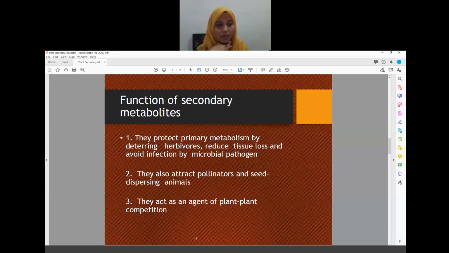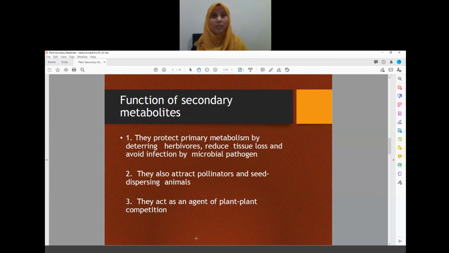And also they act as an agent of plant-plant competition. For this, we look at, for example, what I mentioned just now, the aromatic plants, the essential oil plants. Those plants are producing odor, attracting more pollinators and also seeds.